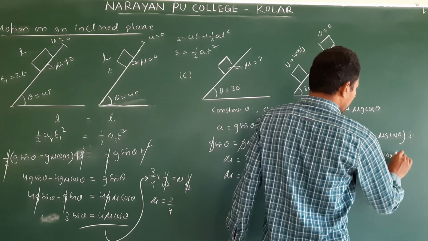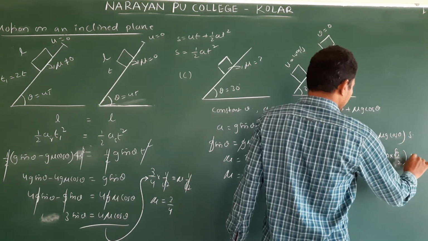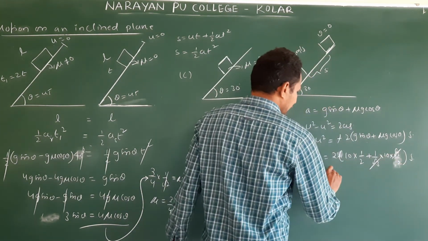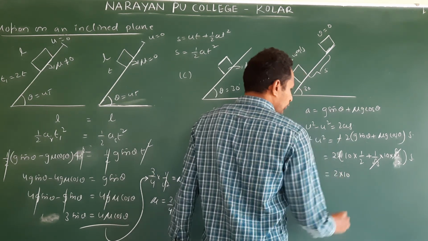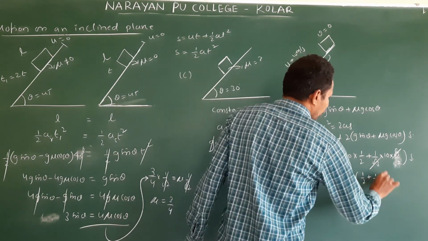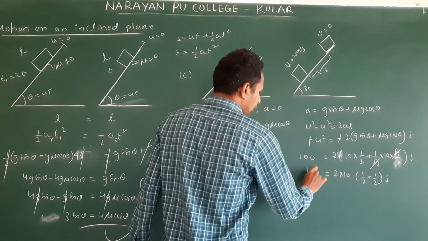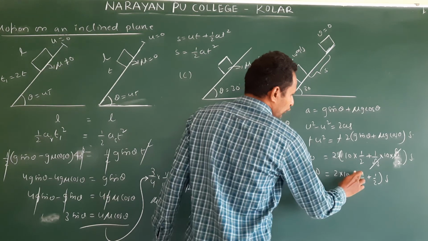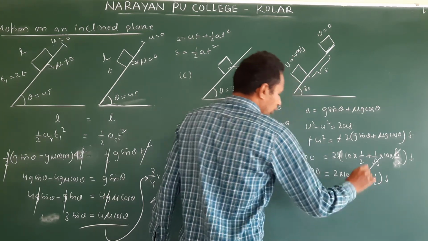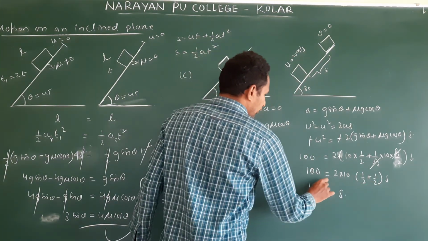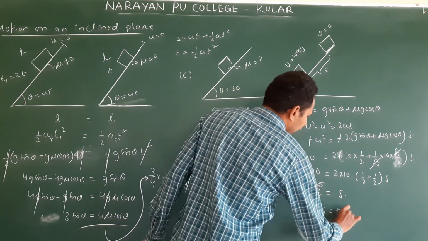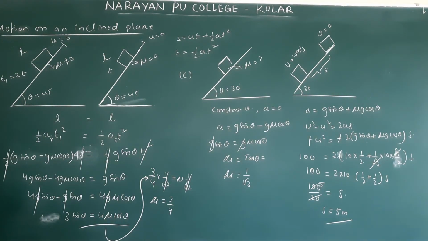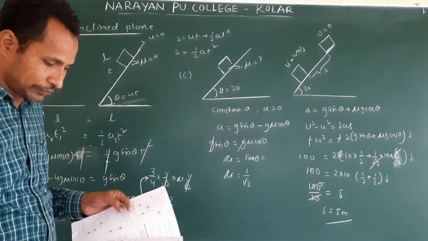Cos 30 is root 3 by 2, into s. In this root 3 cancel, 10 common. 2 into 10, 1 by 2 plus 1 by 2 into s. This is 100, so 100 by 20 is equal to 1 by 2 plus 1 by 2, 1. So 1 into s, so s is equal to 5 meters. So it covers a distance 5 meters up the plane.